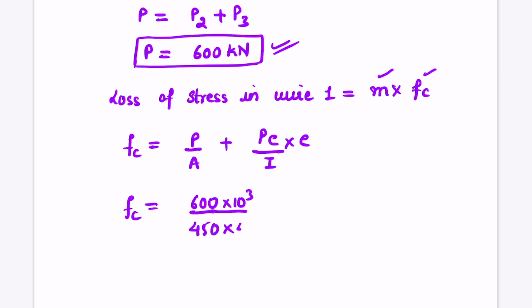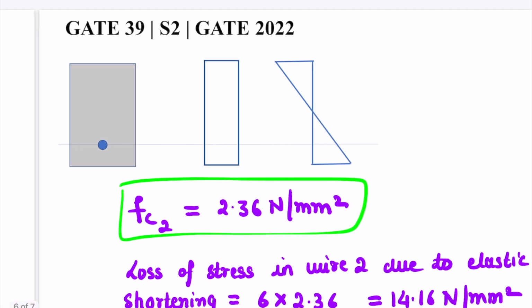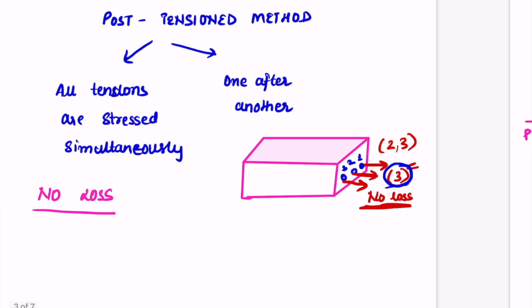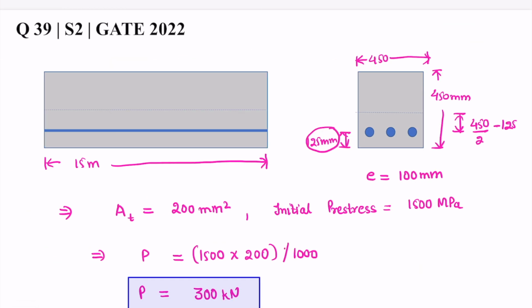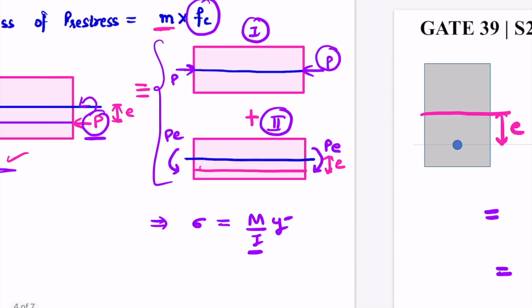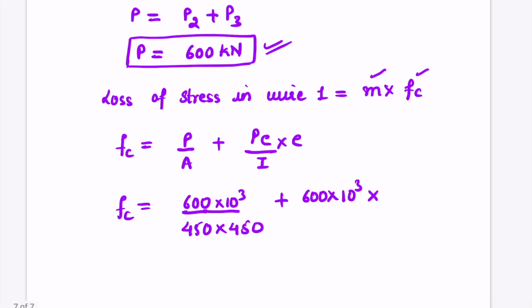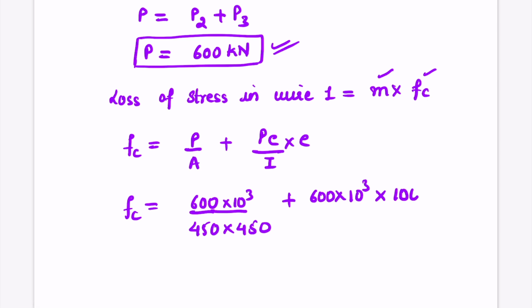So 450 into 450 plus 600 into 10 to the power 3 multiplied by, what is the value of E in this case? In this case also the value of E is 100 mm only, because all the 3 wires are at the same location from the neutral axis. So E is 100, so they are E twice, so 100 square divided by area by moment of inertia.